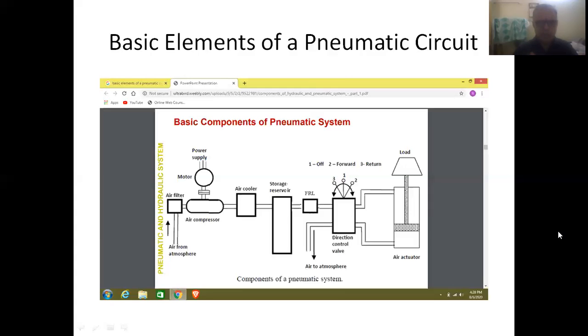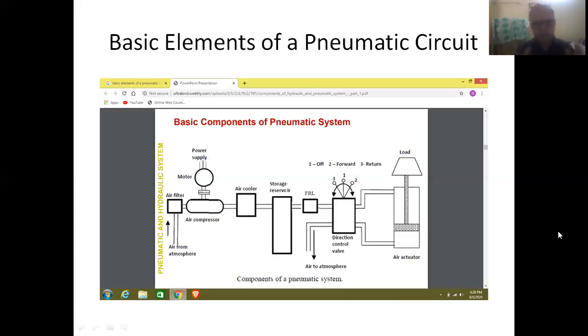And finally, the piston or the cylinder is used for operating the tool or a spindle of the machine. Or as shown in the figure, it can be used for moving loads in upward and downward direction.